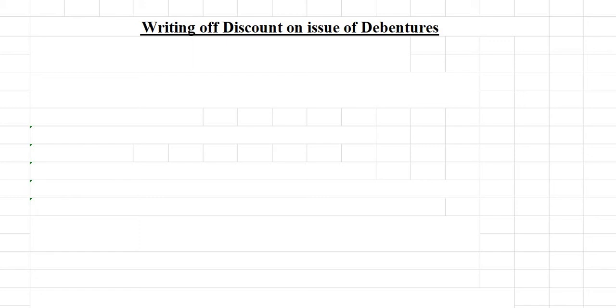So while writing off the discount on issue of debentures, first we have to write the discount from securities premium reserve, and after that if something is left, that should be written off from profit.